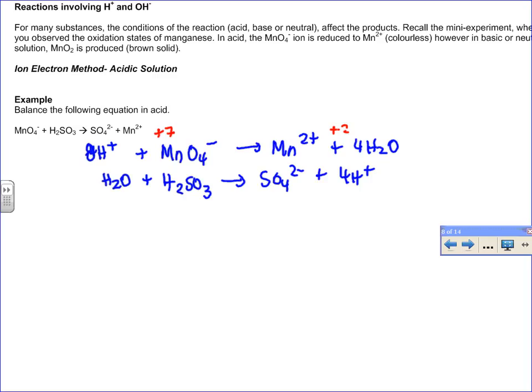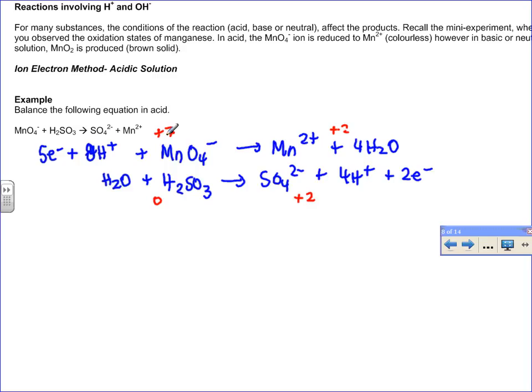So in order to balance this, I need to put 5 electrons on the left-hand side in order to make the charge on both sides +2. In the second reaction, I've got no charge here, and I've got +2 here. So in order to balance this one, I need 2 electrons to be added to the right-hand side.